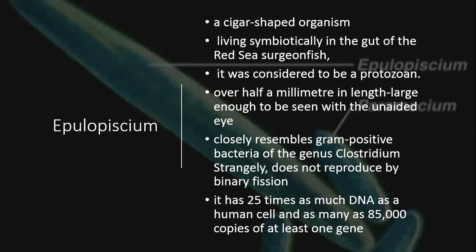And secondly, it has a huge amount of DNA, 25 times as much DNA as a human cell, and as many as 85,000 copies of at least one gene. So this is very unique about this organism.